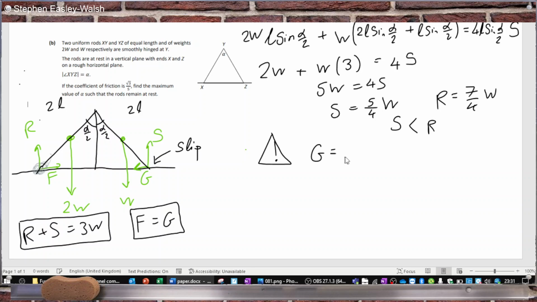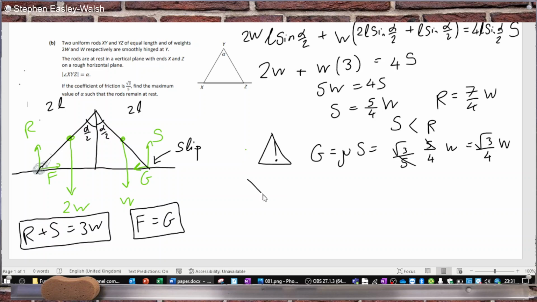G will equal mu S, so that's root 3 over 5, that's the mu, and then the S is 5 over 4W, which is great because the 5's cancel, so you get root 3 over 4W.